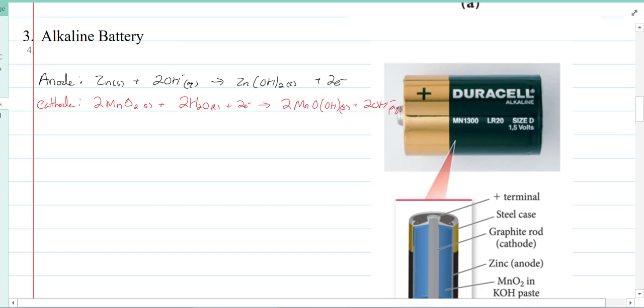So our overall reaction is zinc plus manganese 4 oxide plus 2 waters, giving us zinc oxide plus MnOOH solid.